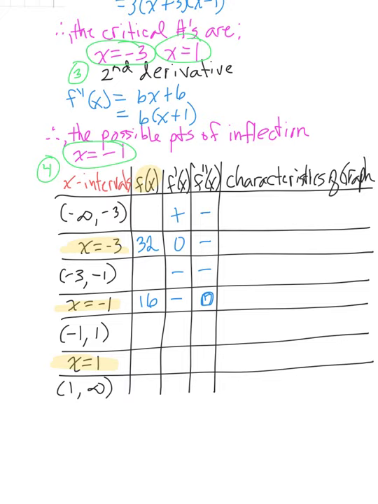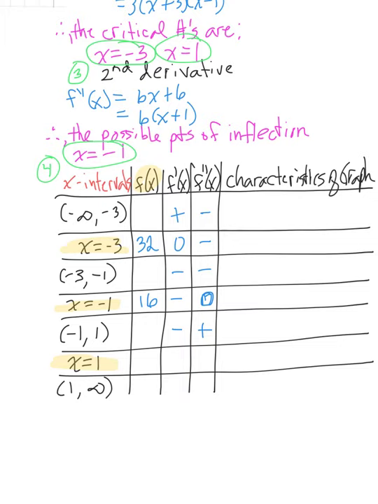Then somewhere between -1 and 1, you have to choose a value. My favorite value in there is 0. So I'm going to plug in 0. If I substitute 0 into the first derivative, I get a negative value. And into the second derivative, I get a positive value.